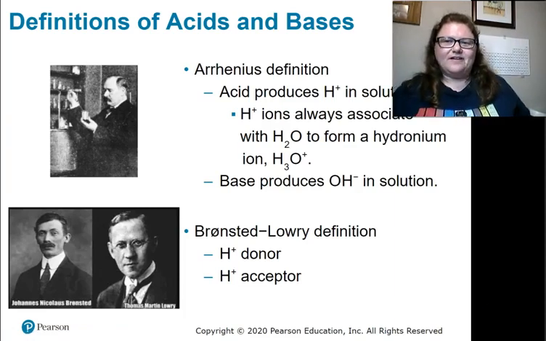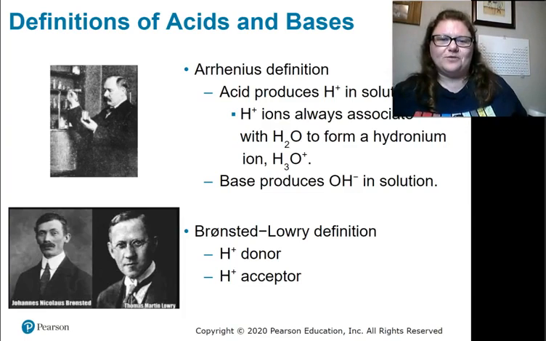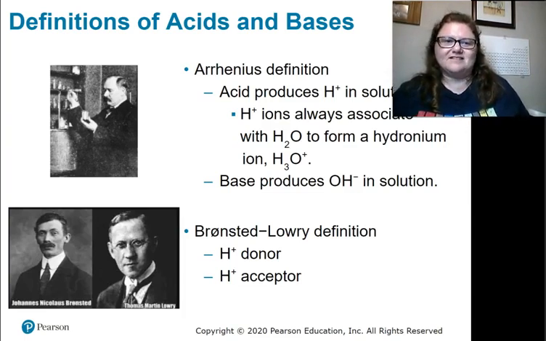We're going to have three different schools of thought here, and they arise from these gentlemen who have done their research and looked at acids and their different chemistries. The first one we're going to talk about is Arrhenius, and that's him there in the top picture.